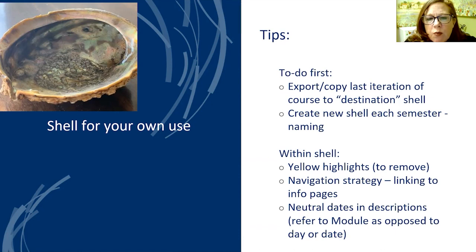So rather than having the Connect registration info in multiple locations, really have a page dedicated to those things that you know are going to change every semester. Right. And then always just link to that page, because even on the homepage of the module, I still think it's effective to link to that page rather than have all the information reiterated there, because it is easy to forget those things.